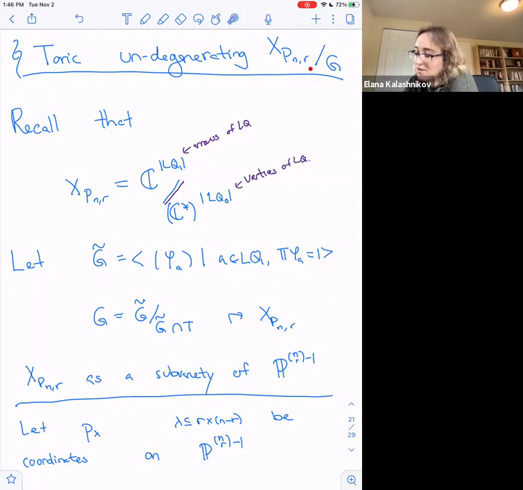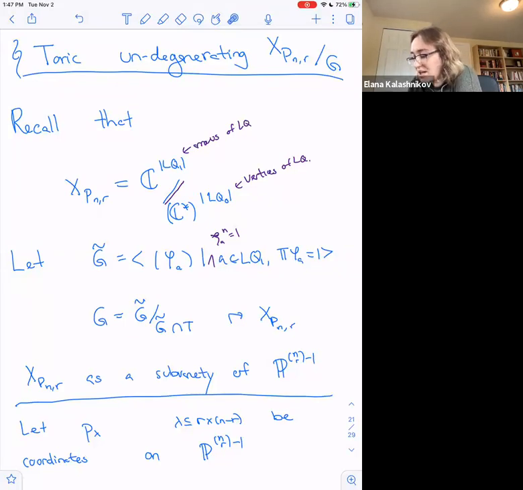We're going to need to understand this group action. And so just like in the case of HNR, we describe it in two steps. So G tilde is going to be tuples of nth roots of unity, where you get one for every arrow in the ladder quiver, such that it satisfies an SL condition.